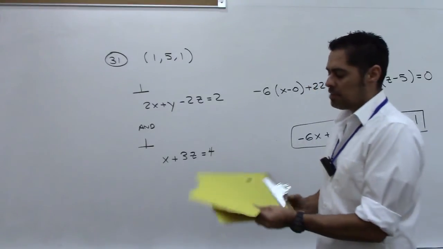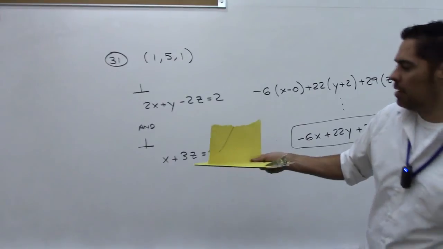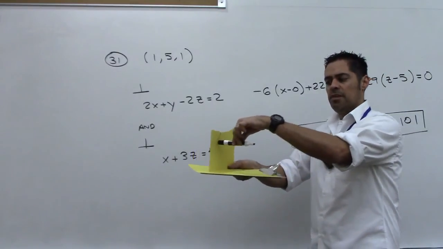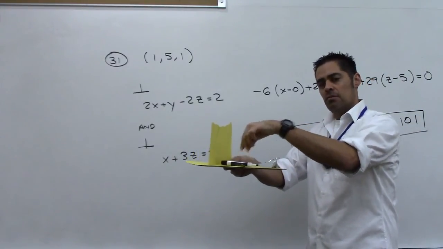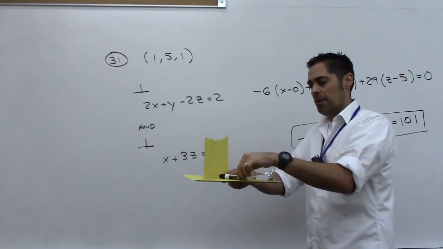Well, remember what we did in the last problem. When we said that our plane is perpendicular to some other plane, we said if we took the normal off of this plane and dropped it down onto our plane, it would live in our plane. It would be parallel to our plane.